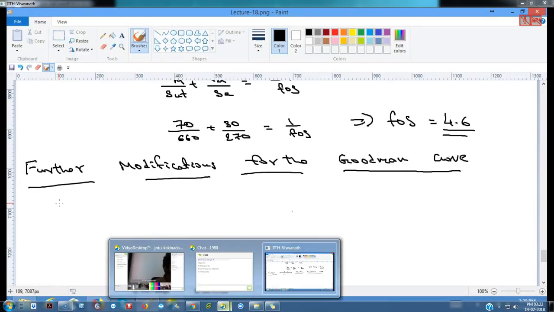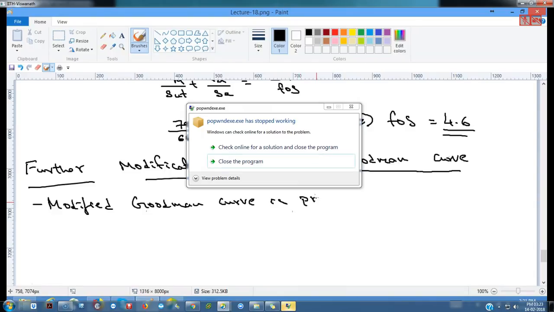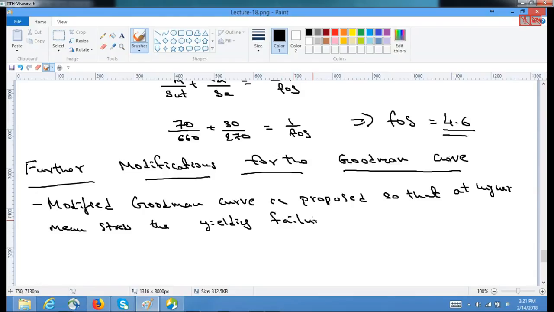The first one, the modified Goodman curve, is proposed so that at higher mean stress, the yielding failures are taken into consideration.